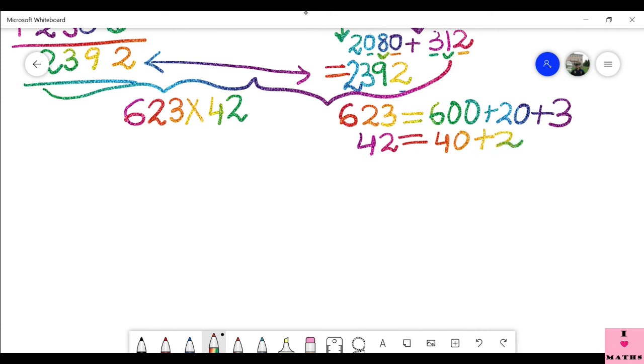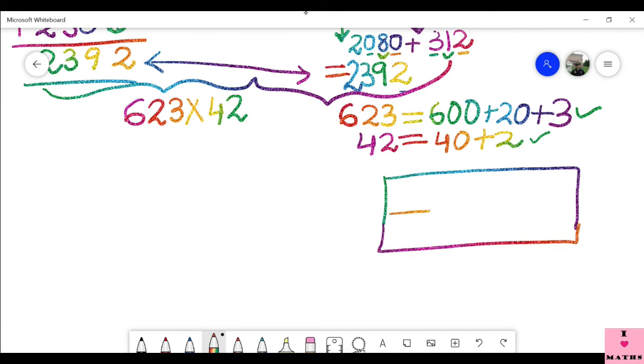So in the box, we are going to have 3 columns and 2 rows. Okay. These are the 2 rows and these are the 3 columns.